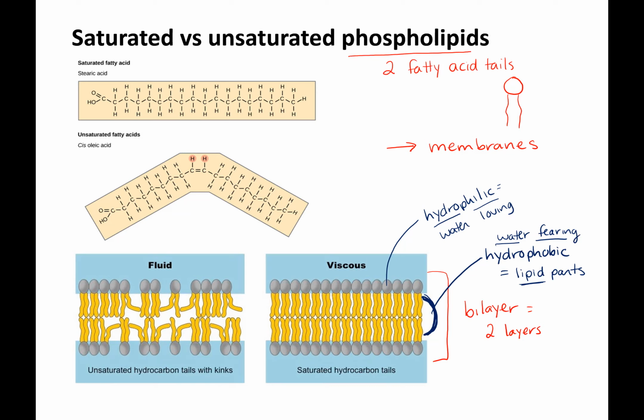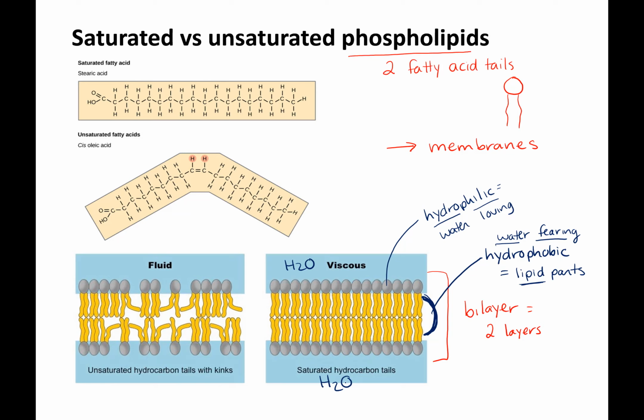So when you put the 2 hydrophobic parts together, we make this nice barrier. And the heads can interact with water. So we have water on the outside and the inside of your cell. And that's important because you need your cells to have the fluid, the cytoplasm inside, so things can move around and reactions can happen.